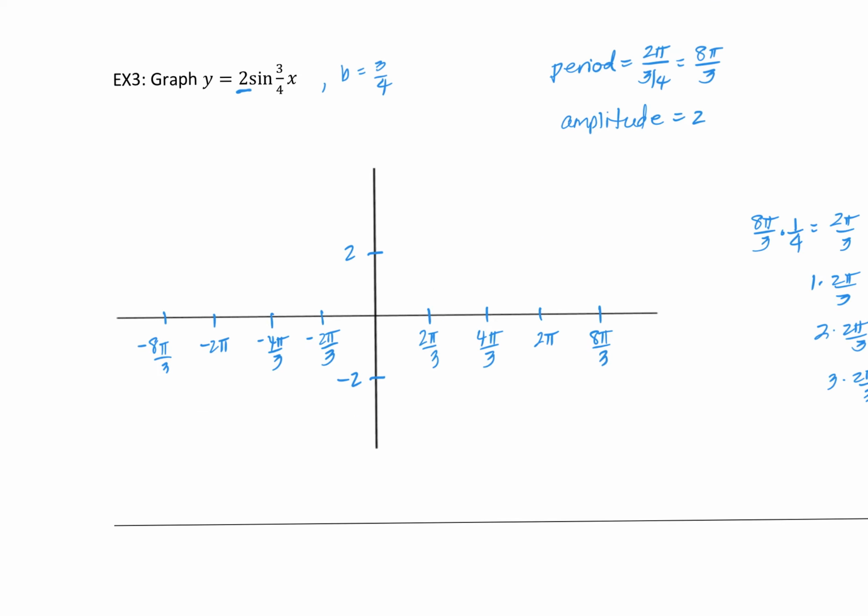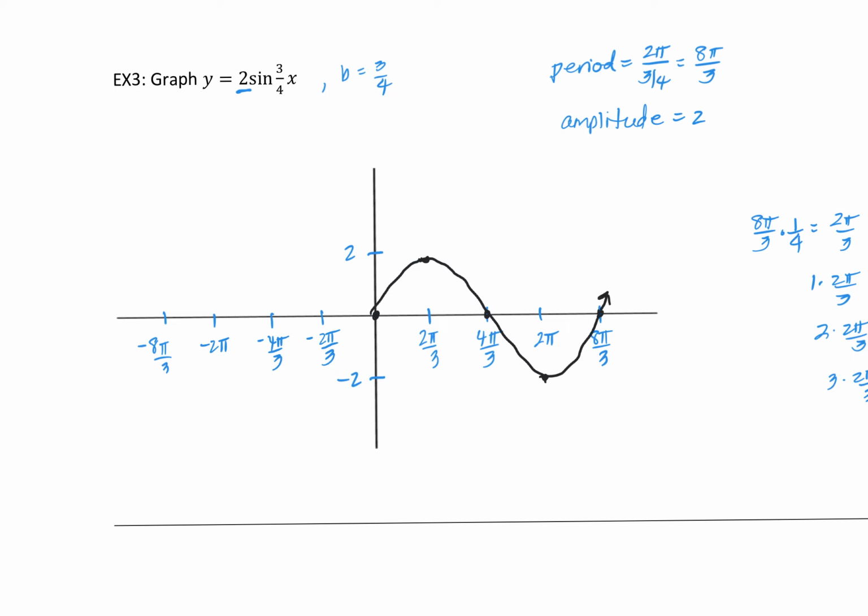And I'm done labeling my axes. Since this is the sine function, I start at 0, go up, back down to 0, go down, up to 0, and I'm done.